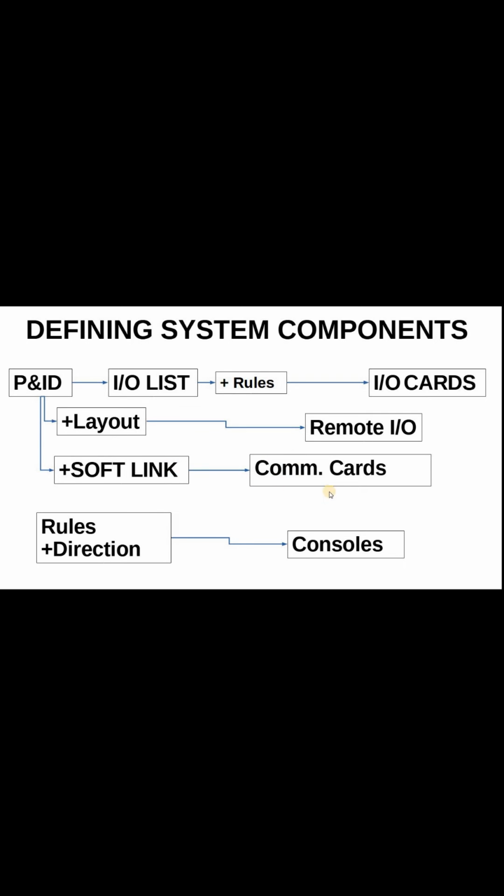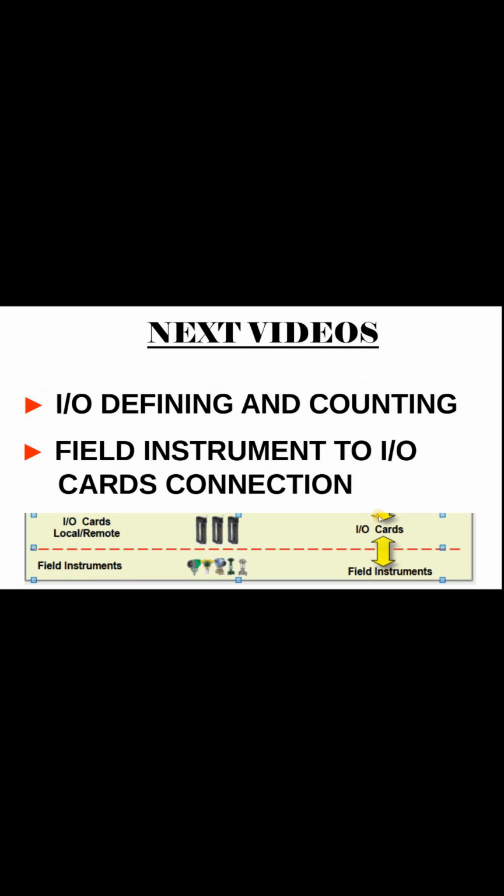Then we can know how many communication cards. Then we know whether there is one control room or more than one control room, and how many operators, and this will give us how many consoles. We will look at each one of these in detail in separate videos.